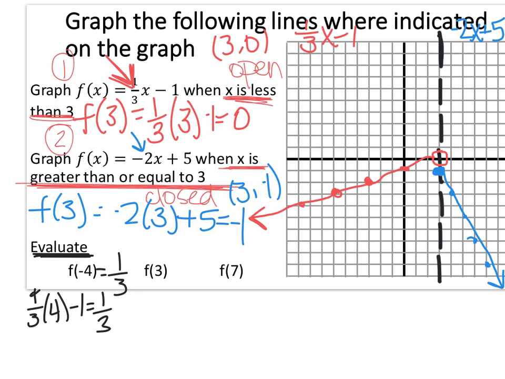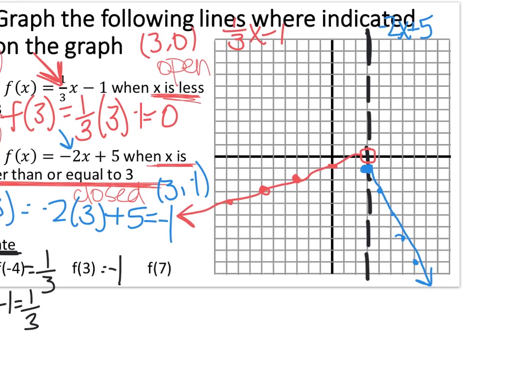f of 3 is really easy because that's already on my graph. I have an open point at (3, 0), and a closed point at (3, negative 1). Remember that the closed point is our included point, so I have to go with that. So at f of 3, the y value is negative 1. And for my last one is 7.